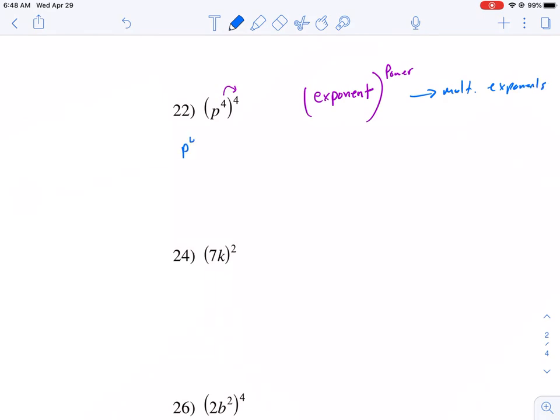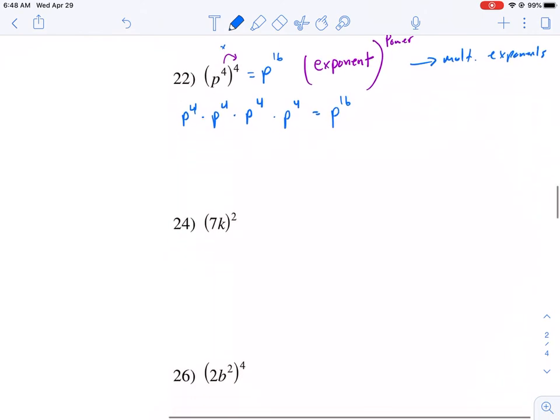That means we have p to the fourth times itself 4 times. So we could add the 4's together. 1, 2, 3, 4. 4 plus 4 plus 4 plus 4 equals p to the 16th. Or we could just multiply. So we do p to the fourth times 4 with the exponent. We get p to the 16th. So you get the same thing.